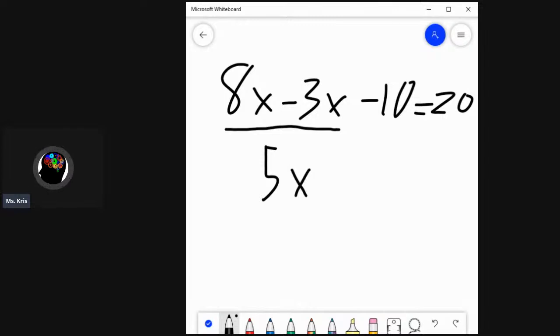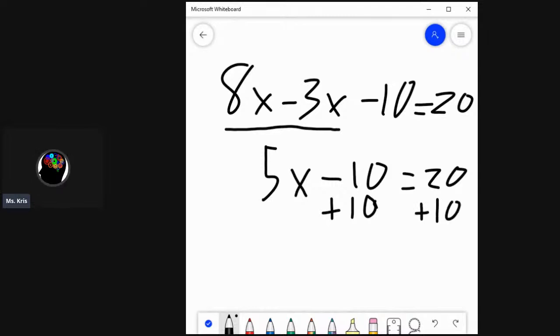That's step number one. Then I bring down my minus 10 and I equal it to 20. Looks familiar? Now we're back at what? The two step. So now to get 5x by itself or to remove my minus sign, I must add 10 on both sides. Bring down my 5x.